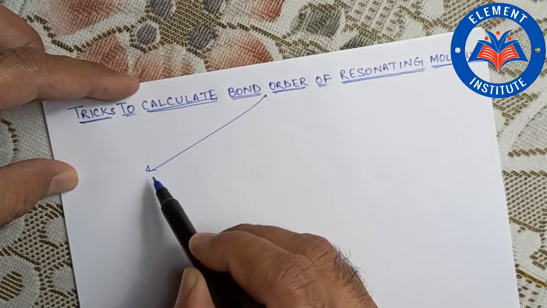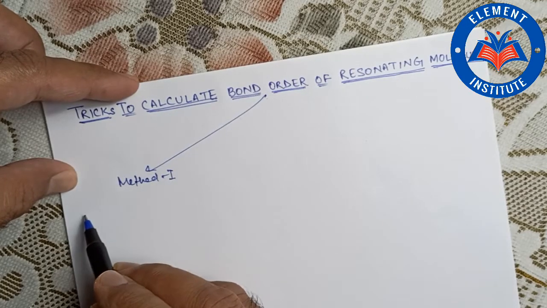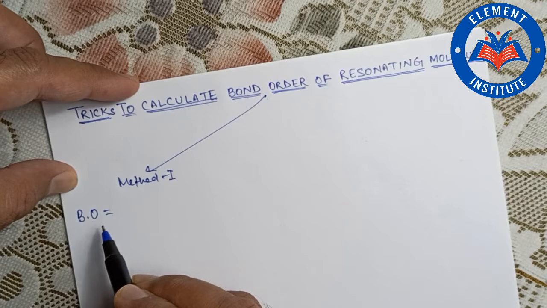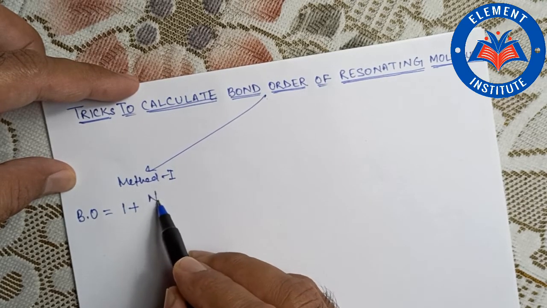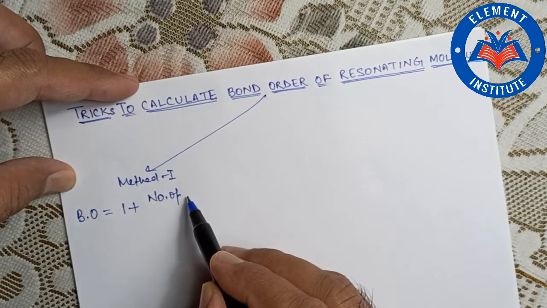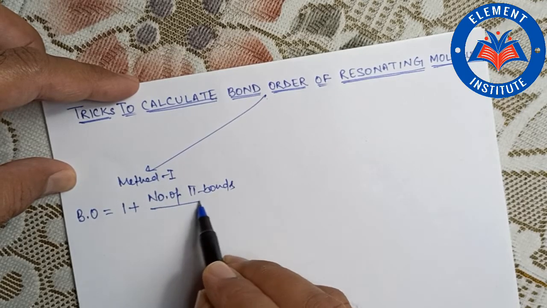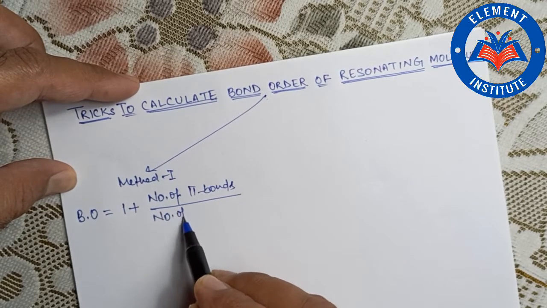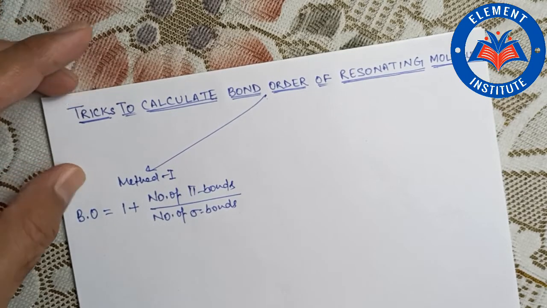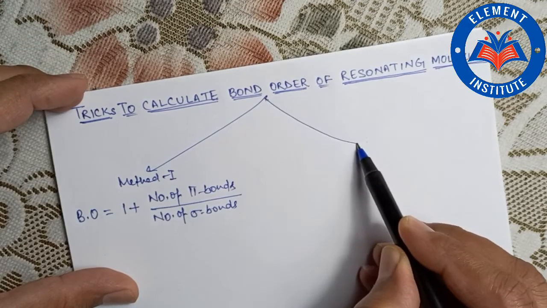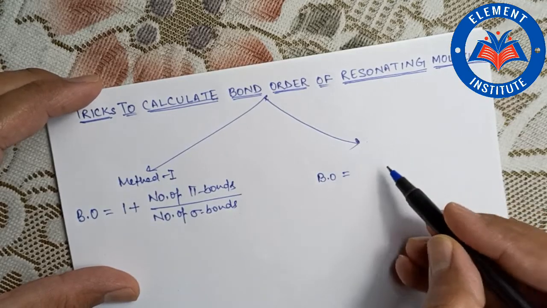The first method, method 1, is: the bond order is equal to 1 plus the number of pi bonds upon the number of sigma bonds.